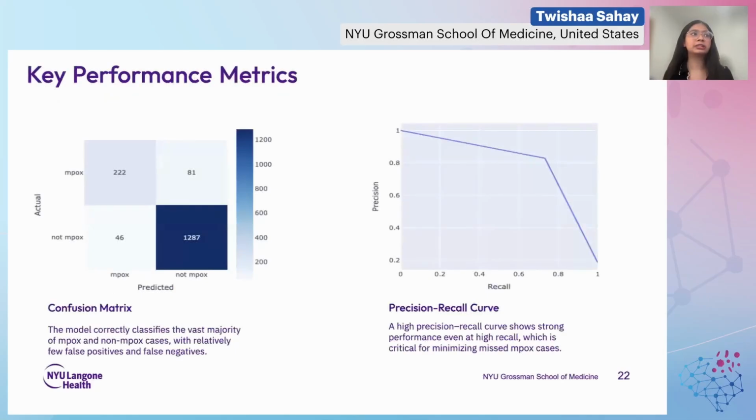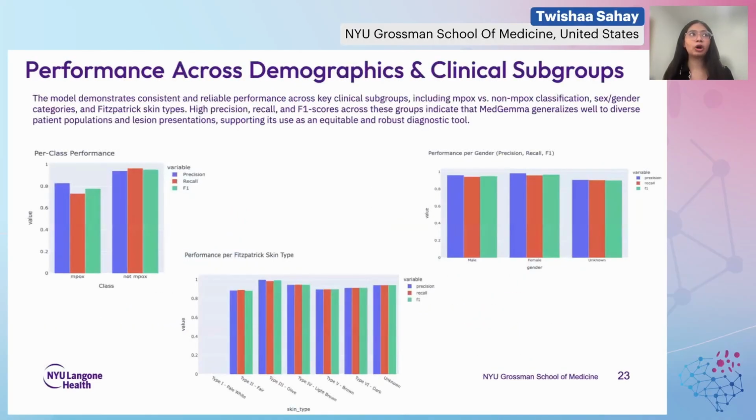And in the next slide, we can see the confusion matrix. The confusion matrix shows the model correctly identifying mpox and non-mpox cases with relatively few false positives and few false negatives. We can also see the performance across different demographic and clinical subgroups.